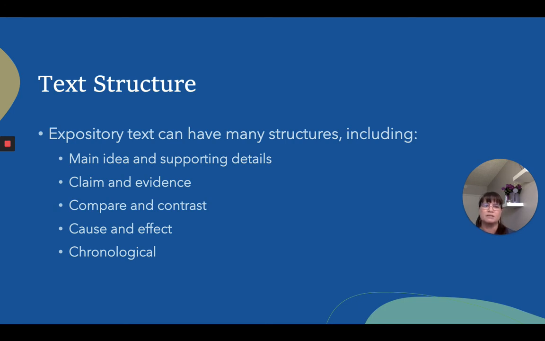And students need to be able to identify the text structure because it increases their comprehension. And text structure also includes things like headings and subheadings, having graphs or charts or pictures or captions, and what all of those pieces of the text mean for a student when they're trying to read a textbook.